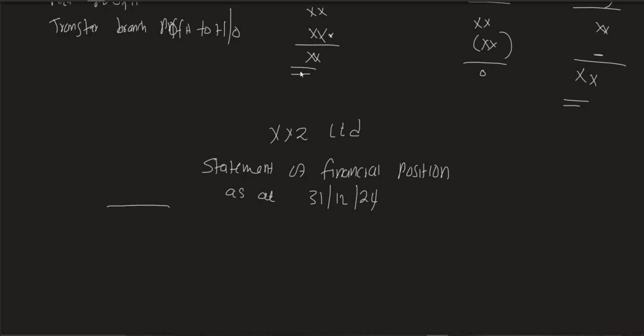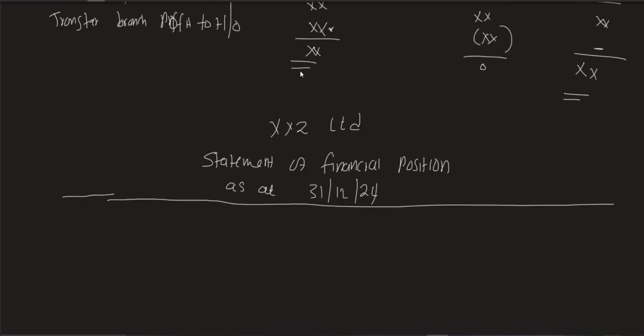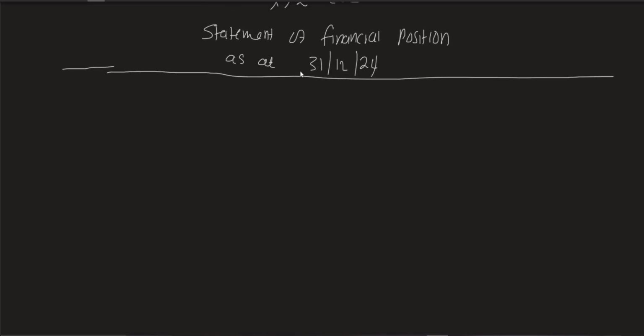Make it the same as the previous one. And now we will start with the non-current assets. For the non-current assets, we get the property, plant and equipment. And remember, we have the head office, the branch, and combined.